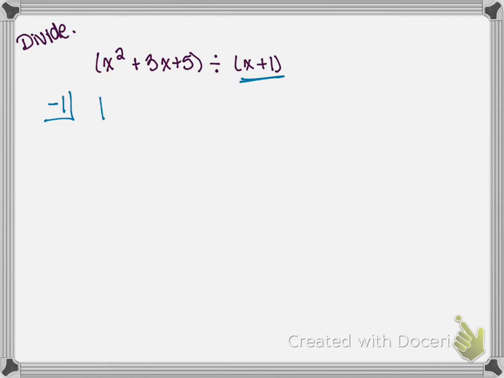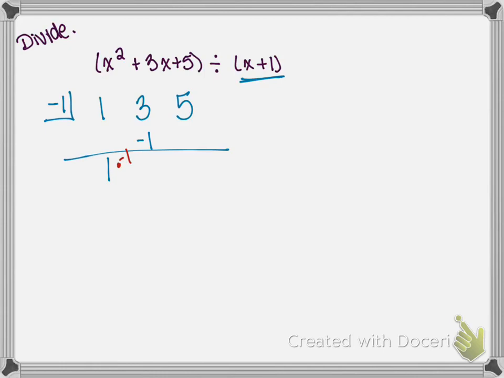What's the next coefficient I have? And then I have, good. I bring my 1 down. What do I multiply that 1 by? Negative 1. 1 times negative 1 is negative 1.